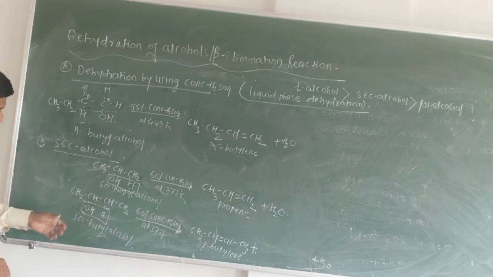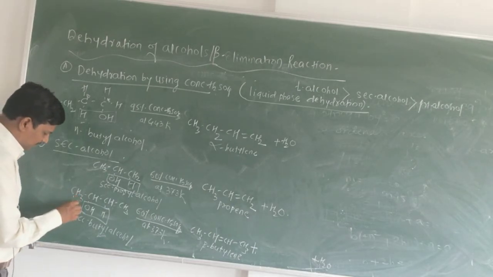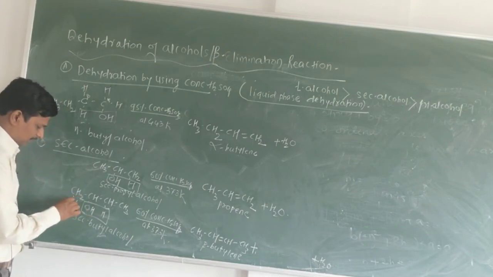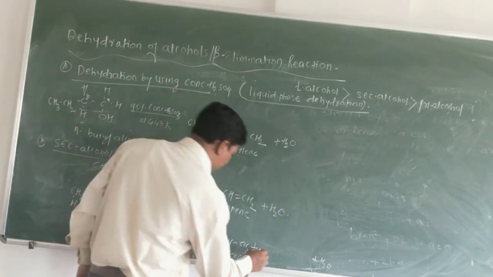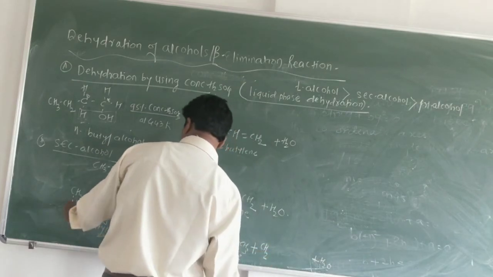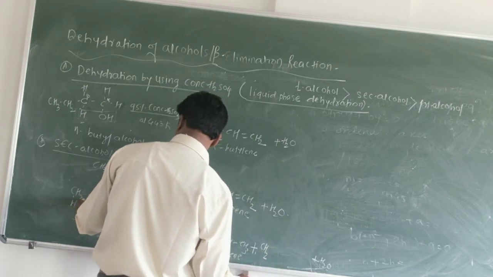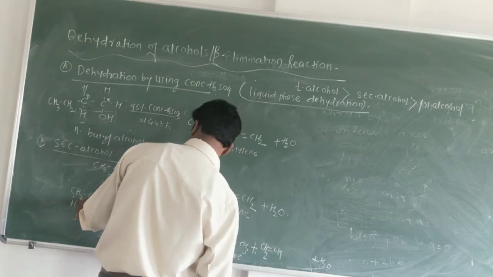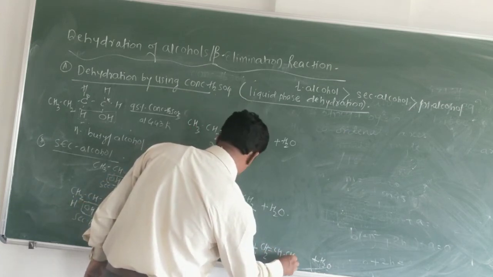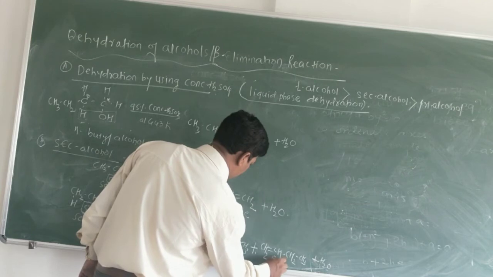Suppose from this CH3 one hydrogen atom gets removed along with the OH, then the alkene obtained is CH3CH=CHCH3, since the single bond gets converted to a double bond as the water molecule is removed. So it is beta butylene.